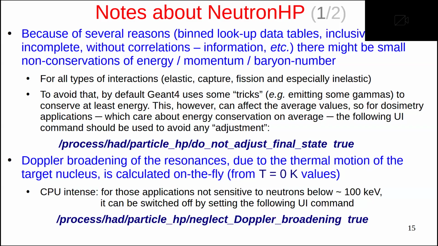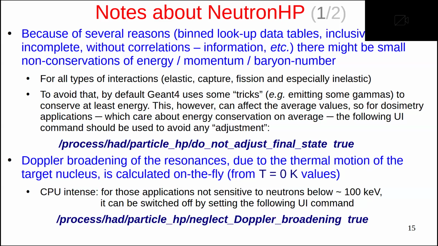Because of these reasons, when you use NeutronHP, there might be some small non-conservation of energy, momentum, and baryonic number on the single interaction. It is a Monte Carlo code, so on average, when you have several events, you have conservation of everything, but not on the single interaction.